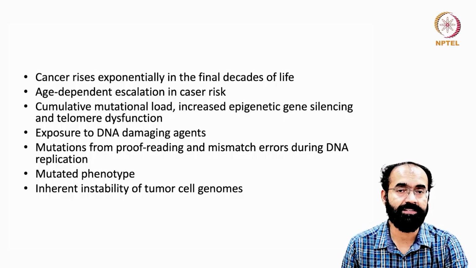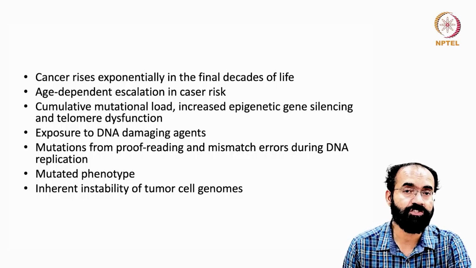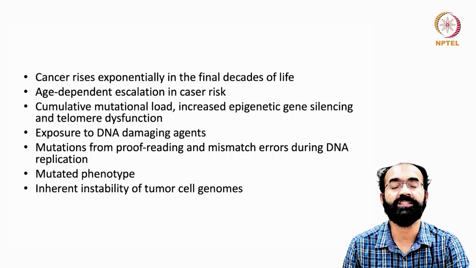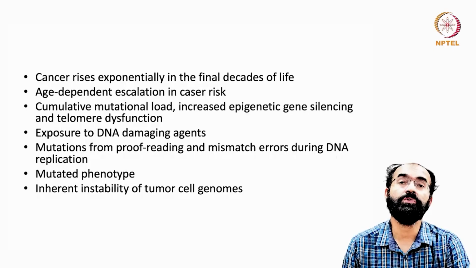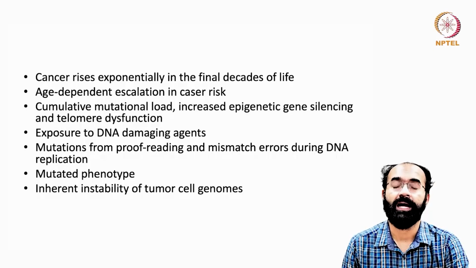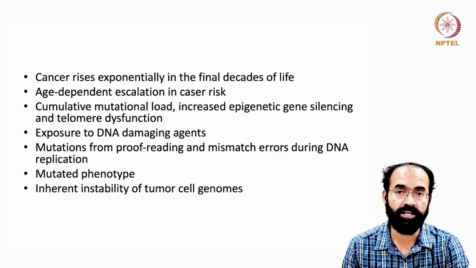If there is damage, then it has to be repaired, and to repair, first of all, the damage should be sensed by the system, and p53 comes into the picture, which is a tumor suppressor or guardian of the cell. It has to stop the cell cycle and allow the DNA repair genes to do their job.